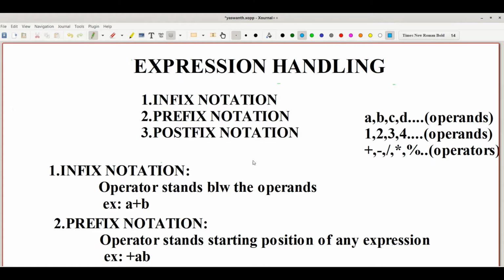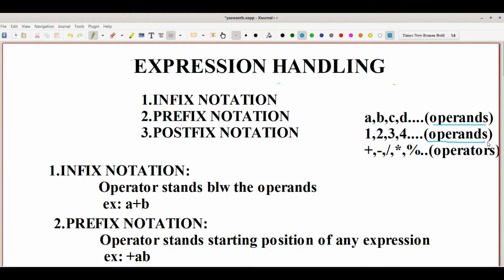These notations are based on operands and operators. What is meant by an expression? An expression contains operands and operators. Without any operands and operators, an expression is not available. So what is an operand? Operands are A, B, C, D, 1, 2, 3, 4.